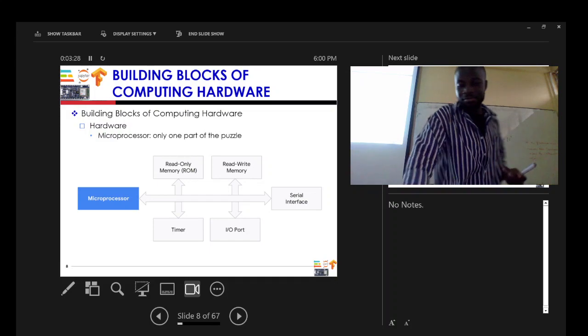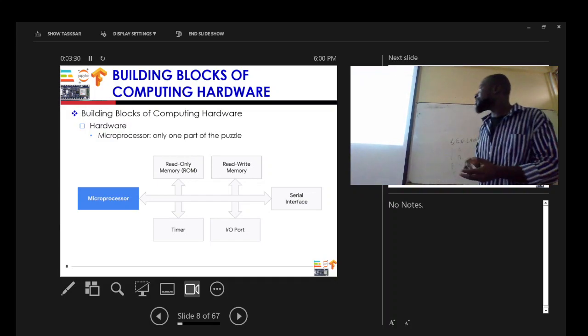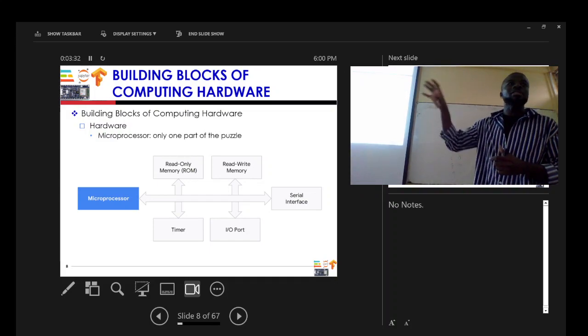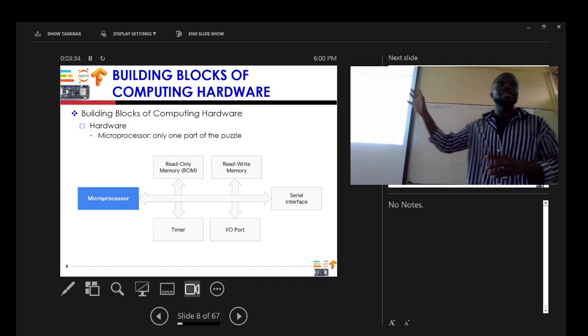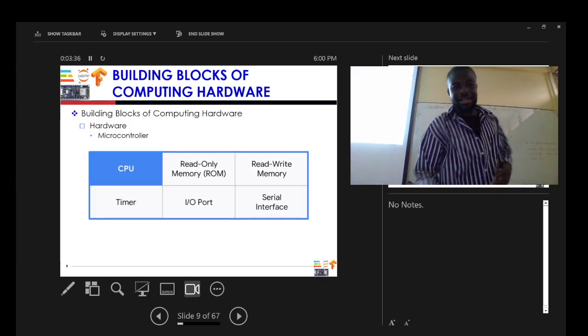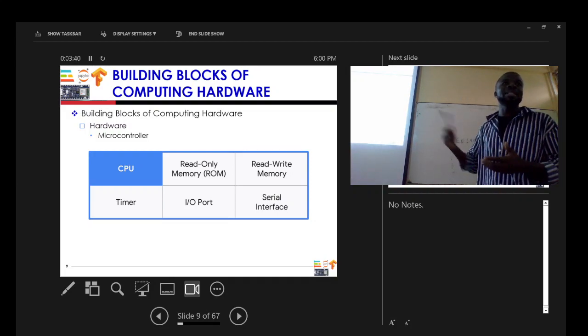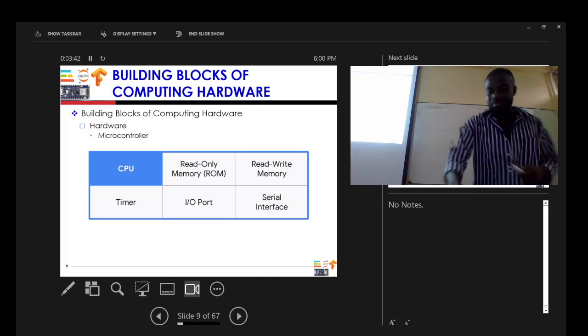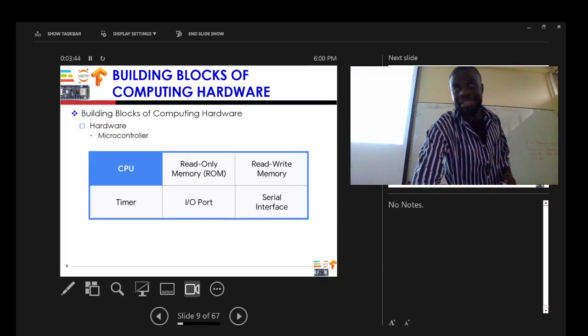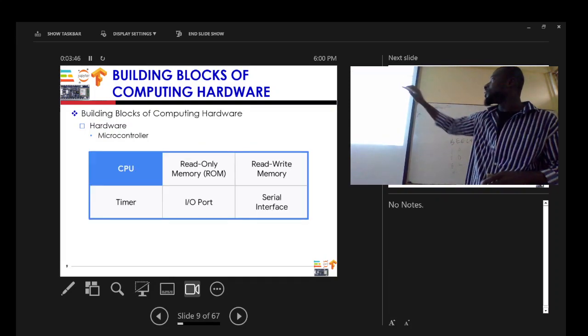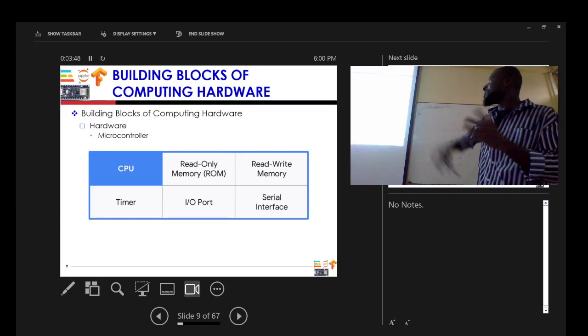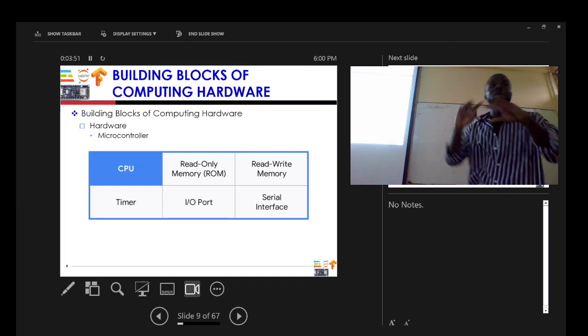So the microprocessor is just one part of a computing system. A microcontroller is made up of the same things, but the CPU, the read-only memory, write-only memory, and I/O ports all come together into a single chip.